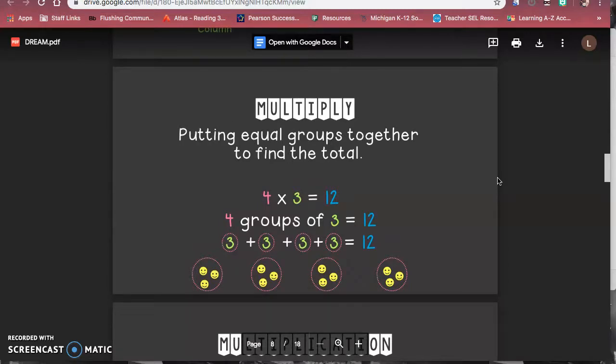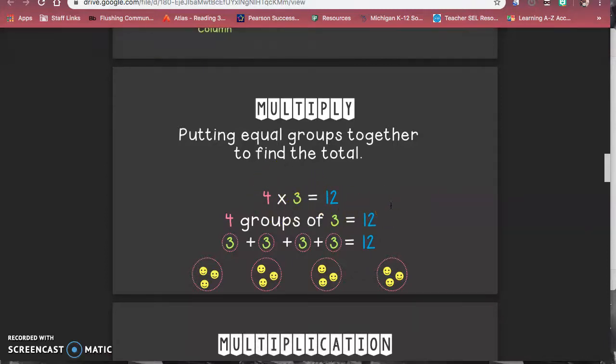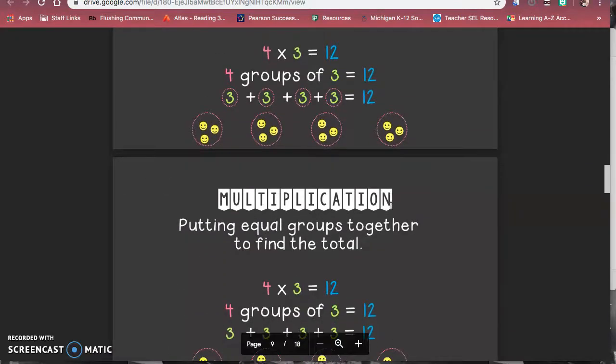So I would quiz them on, how do I read this sentence? 4 times 3 equals 12. That's the same thing as 4 groups of 3. Same thing as 3 plus 3 plus 3 plus 3. It seems so repetitious to us because we're grown and we get it, but for kids who are just learning this, it needs to be broken down simple.